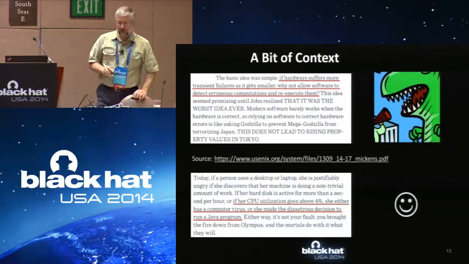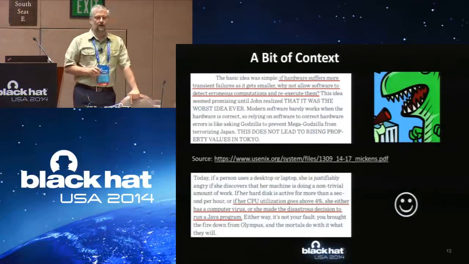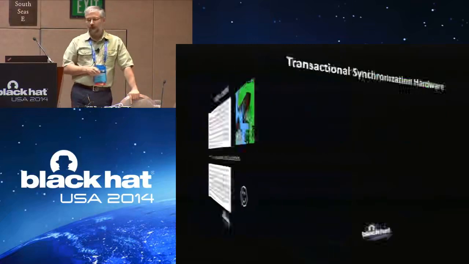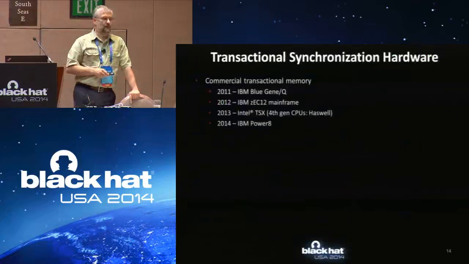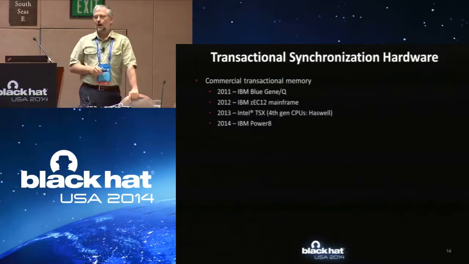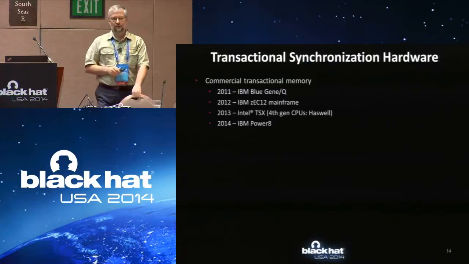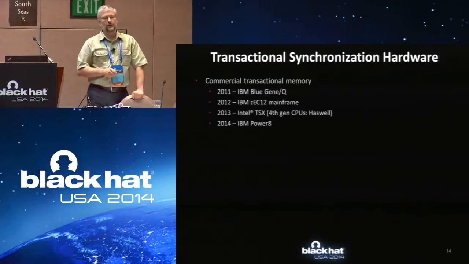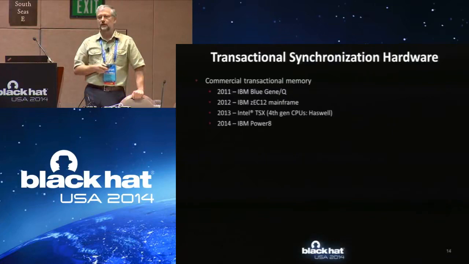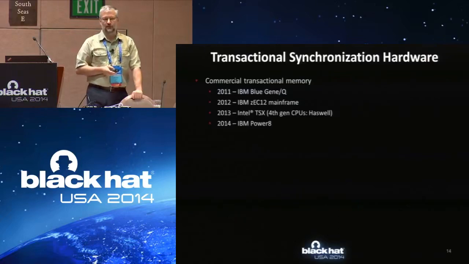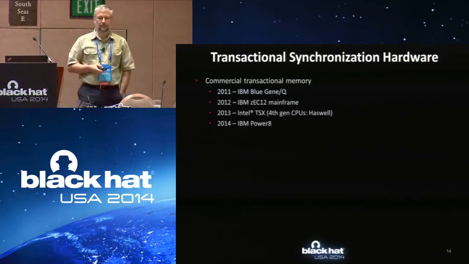But the main idea is letting hardware execute and trap if an error, like a real read-write conflict, occurs. And the realization that it would actually speed up computations, and some modeling was obviously made, was achieved several years ago, and the first hardware with this capability came from IBM in the Blue Gene computer in 2011.